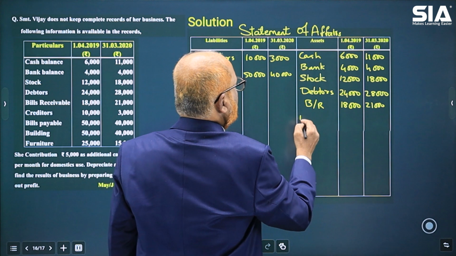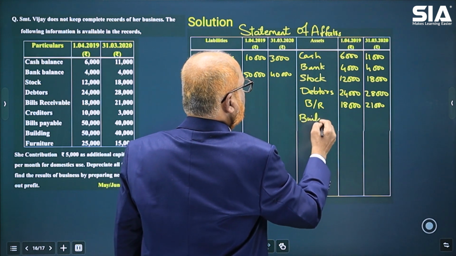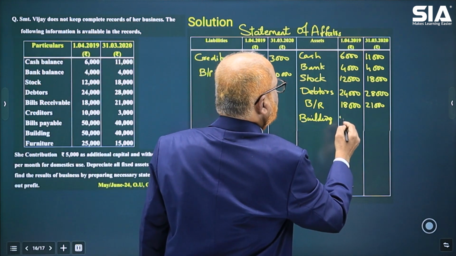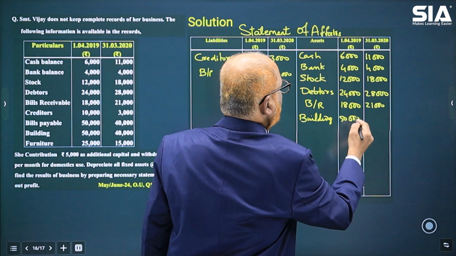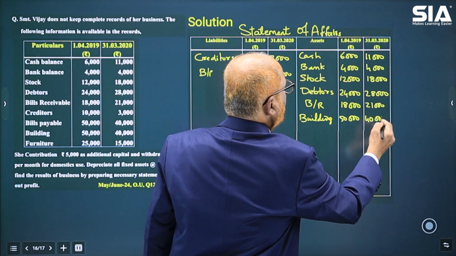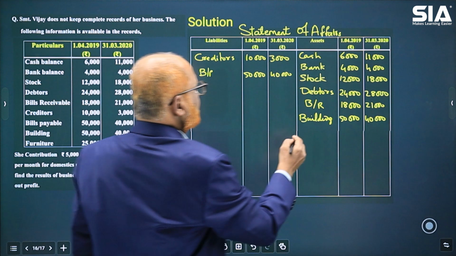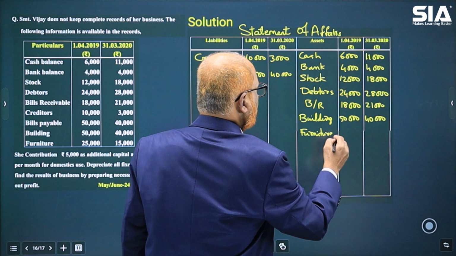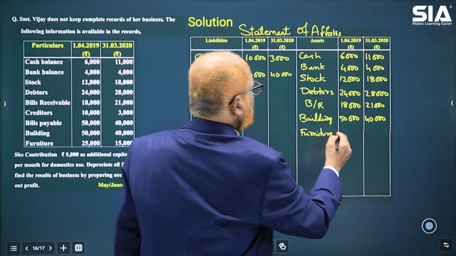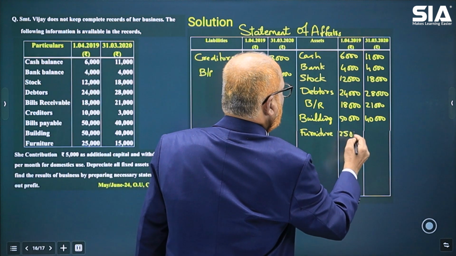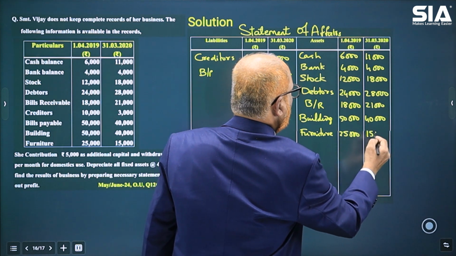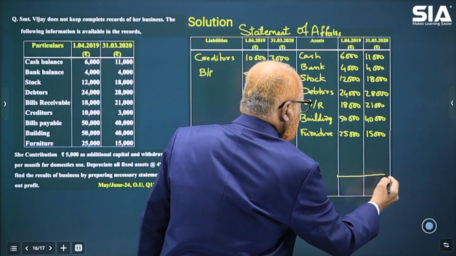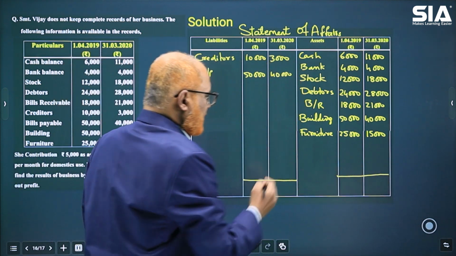Then building is an asset. Building 50 and 40. Then we have furniture. Furniture is 25 and 15. That's all. So we have taken all the assets and liabilities at the beginning of the year and end of the year.